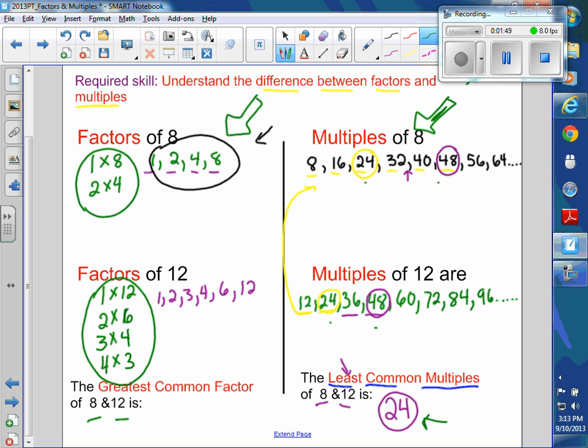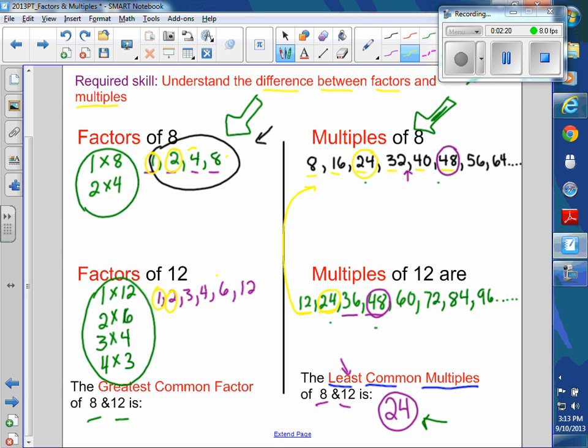So there's lots of common ones. One's common to both. What's another one, Peter, that's common to both? 2. Echo, what's another one that's common to both? What number shows up in both lists? 4.